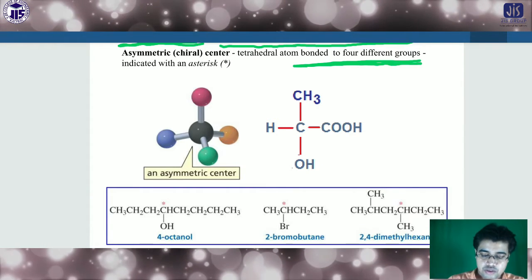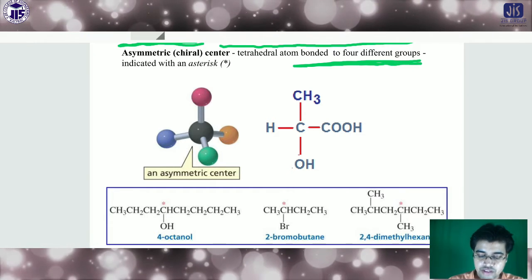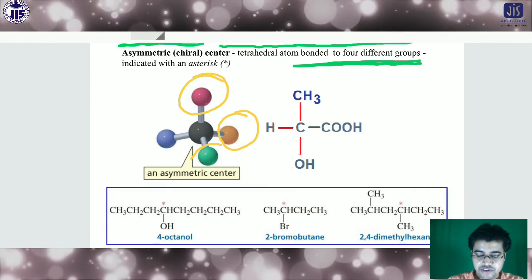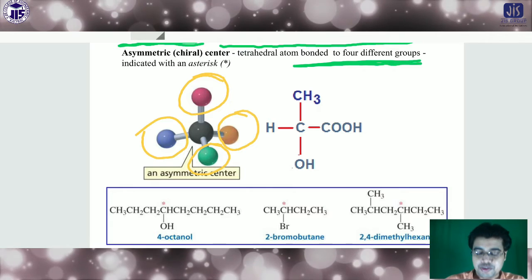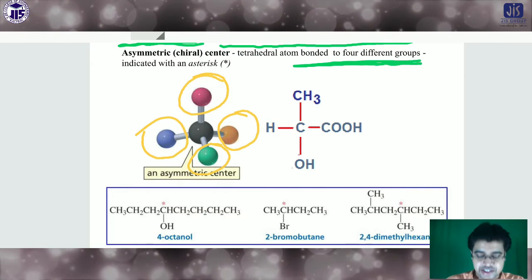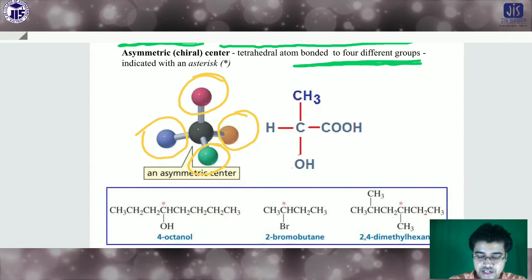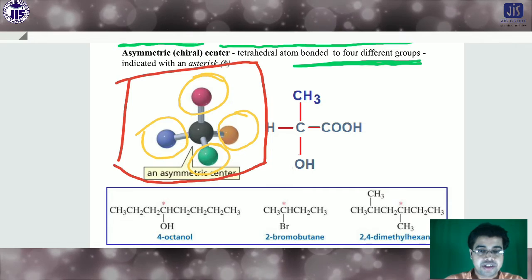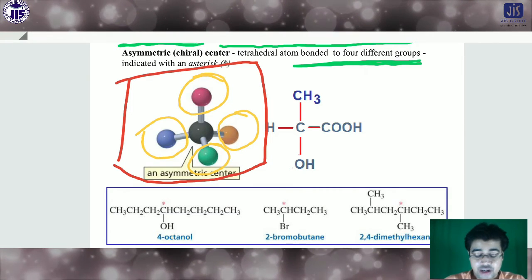What is the necessary condition? The four attached atoms must be different. If the four attached atoms are different, then only is it possible to get an asymmetric center. That means this compound is optically active because four different groups are attached to the carbon center.